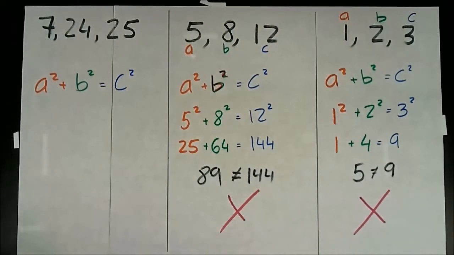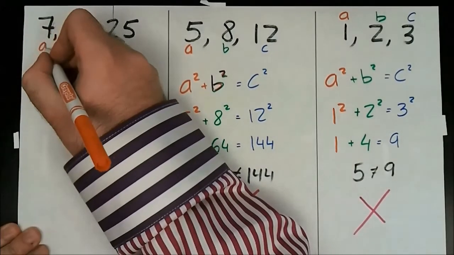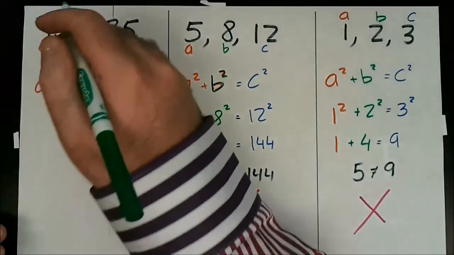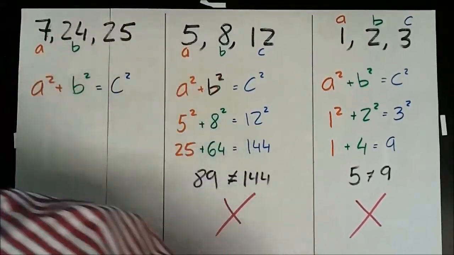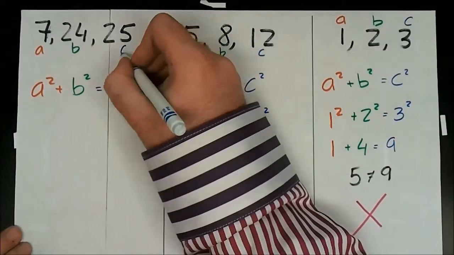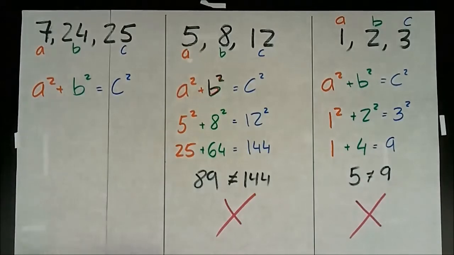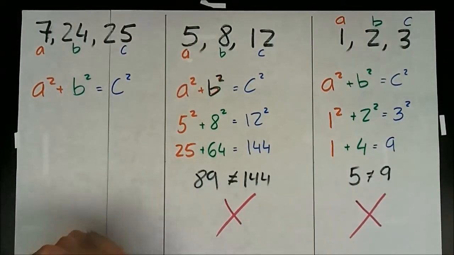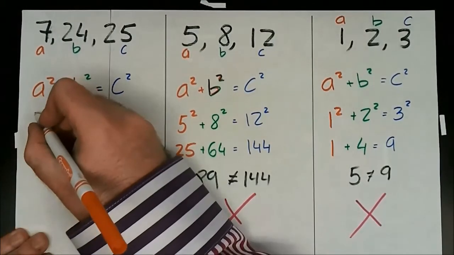Alright, then let's label our sides. Shortest becomes A, middle child becomes B, and the longest becomes C. Let's plug it in. So instead of A squared, I'm going to have 7 squared now.